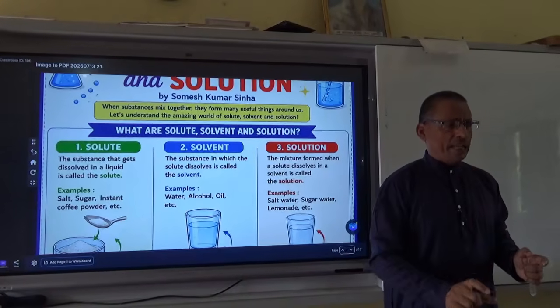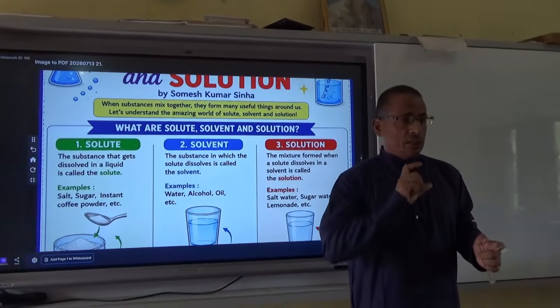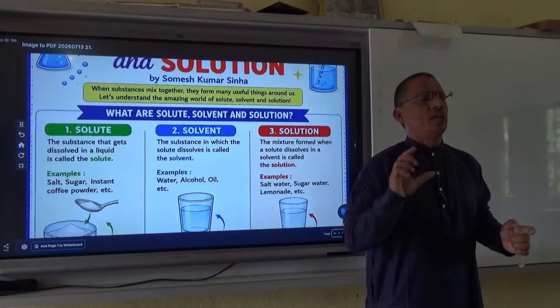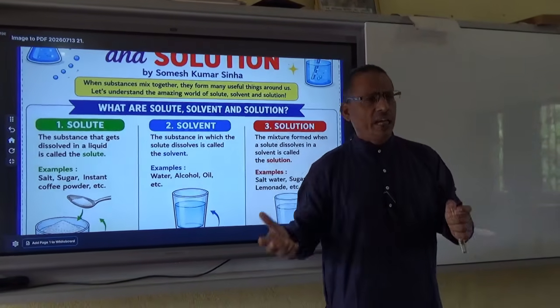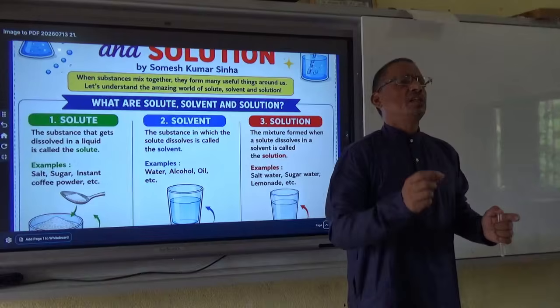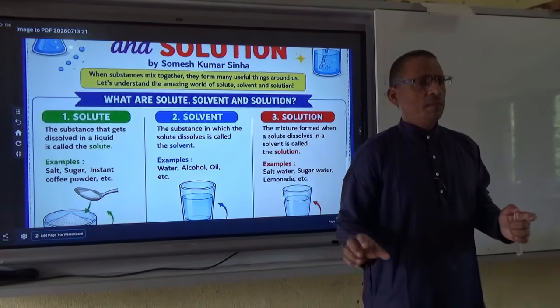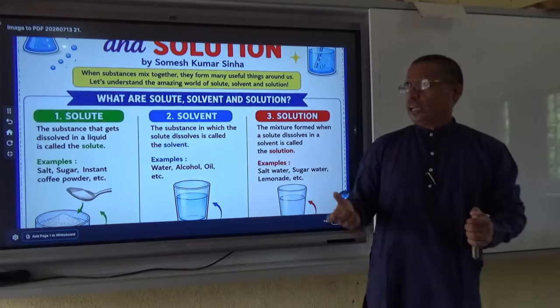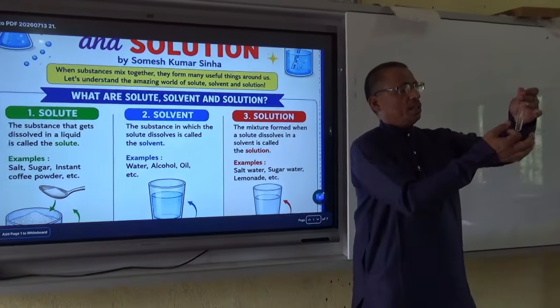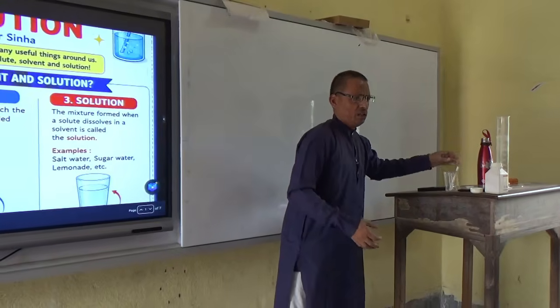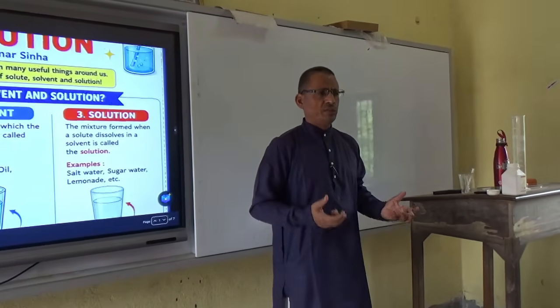Substances dissolved in liquid are called solute substance, solute particles. Another way to understand it is a solid substance in solution. Similarly, suppose in this beaker we added some salt to water.